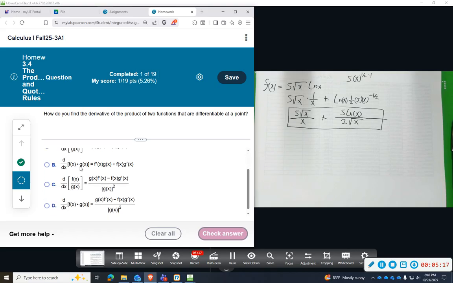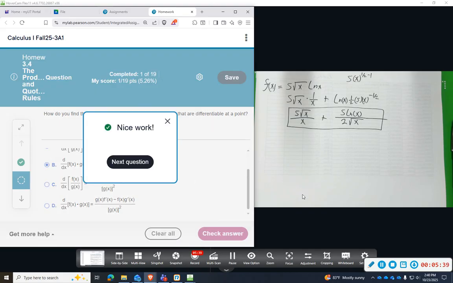B, product: derivative of the first times the second plus the first times the derivative of the second. So they might write it in a different order than I do, but this is it. Derivative of one times the other function, and then reverse, the derivative of that second function times the first. So this is the one that shows us the definition for the derivative.